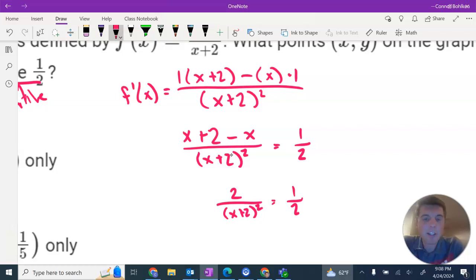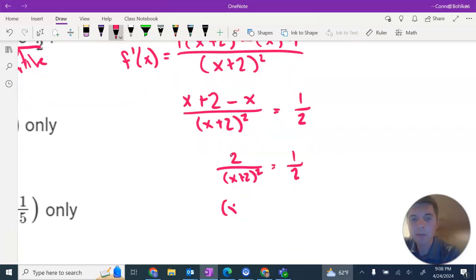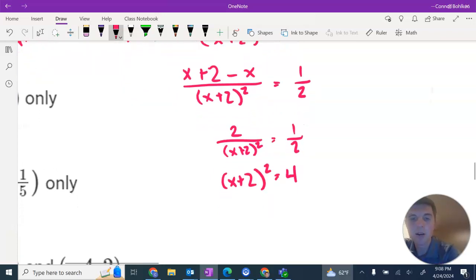You could cross multiply, you could use some logic here, but essentially we're saying (x plus 2) squared has to equal 4. So maybe you multiply the right side by 2 over 2, and then you set the denominators equal. Maybe we just cross multiply. Regardless, we're going to say (x plus 2) squared equals 4.